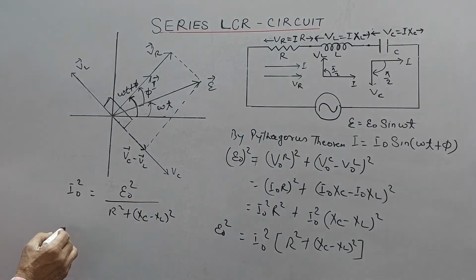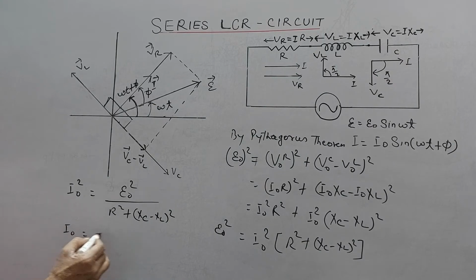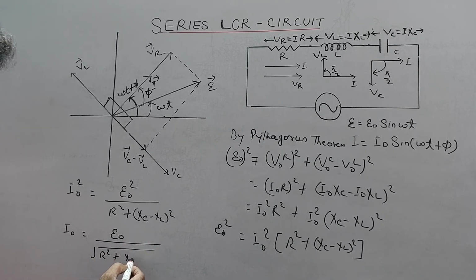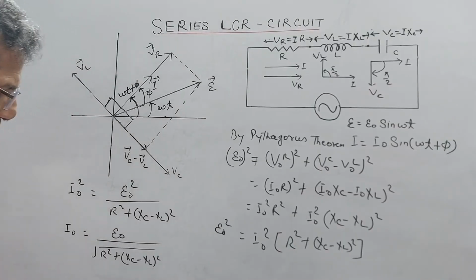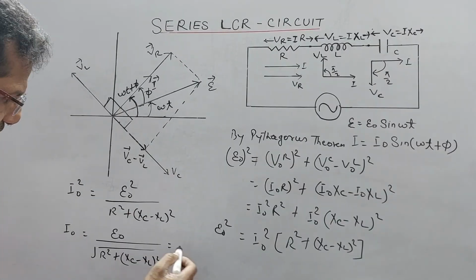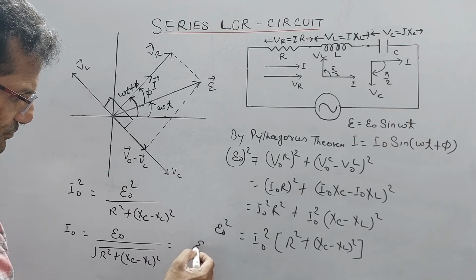After taking the square root, it becomes I naught equals E naught divided by the square root of R square plus XC minus XL whole square. Now this term will be impedance. This is impedance. We also write it in this format.